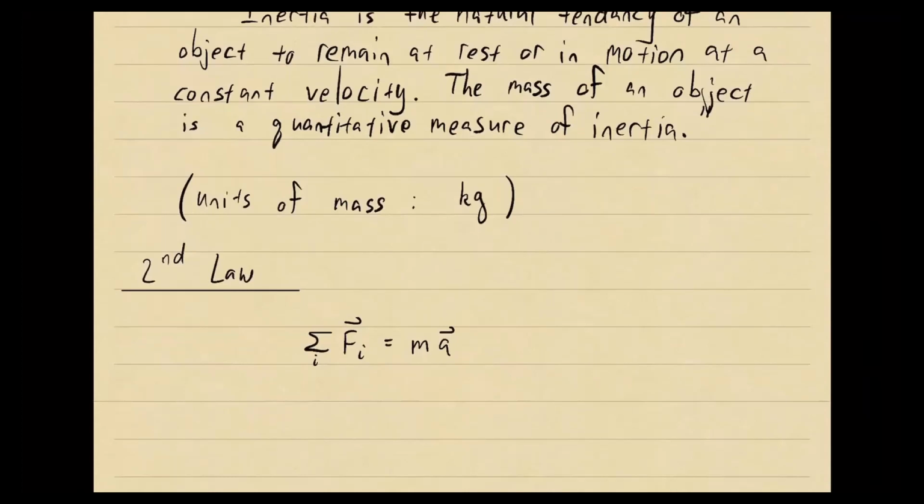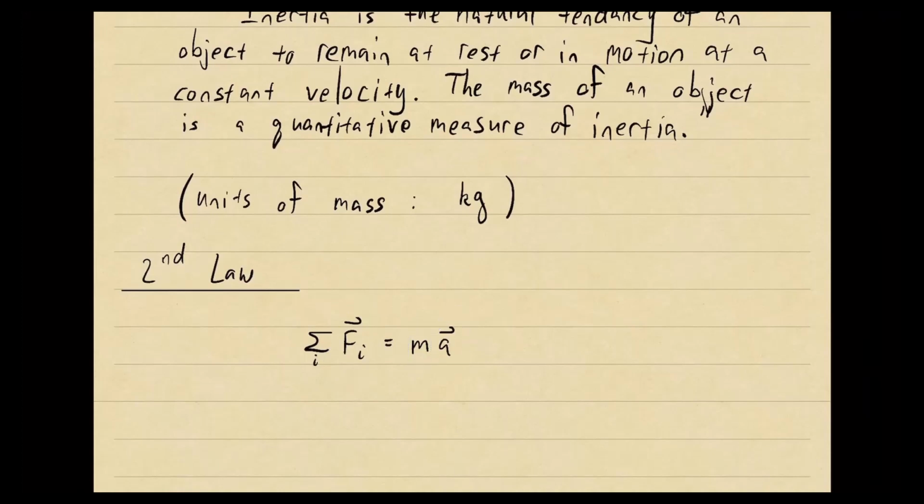So here on the left-hand side, these are just forces. You can think of them as vectors, just like individual vectors, nothing more, nothing less. And this symbol here just means we're adding all of them up. So if you have three forces, then you're going to have F1 plus F2 plus F3, and that's going to be your net force. And then on the right-hand side, we have our mass, and then here is our acceleration.